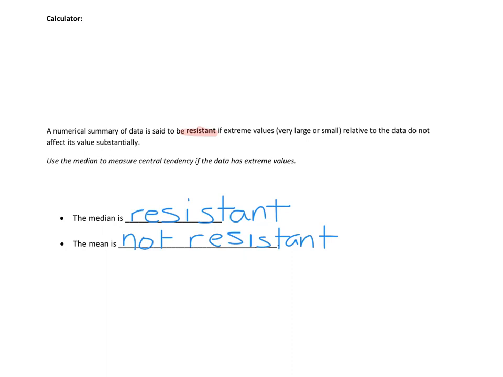Okay, so because the median is not affected by extreme values, we have this little snippet here. Use the median to measure central tendency if the data has extreme values. So it's not affected because the median is resistant. All right, so what do extreme values sometimes look like in a graph?